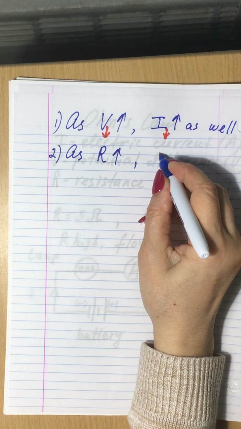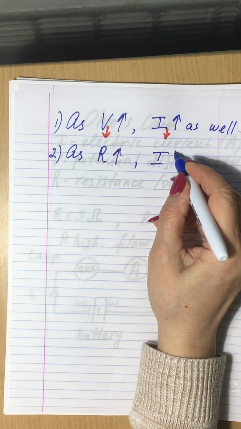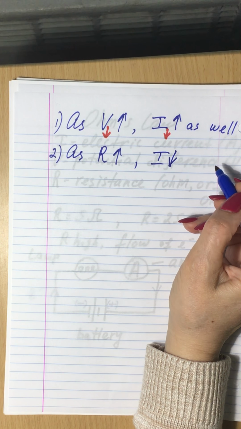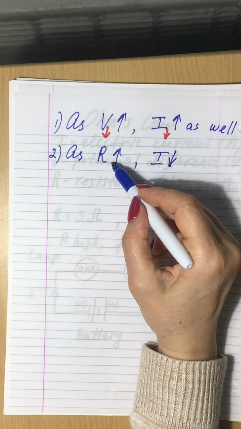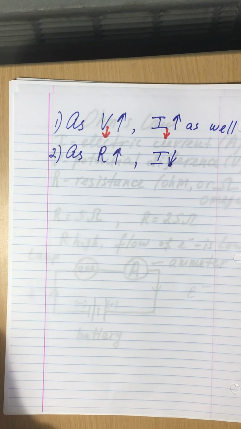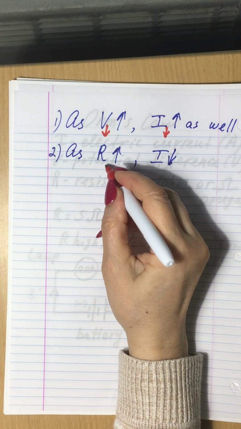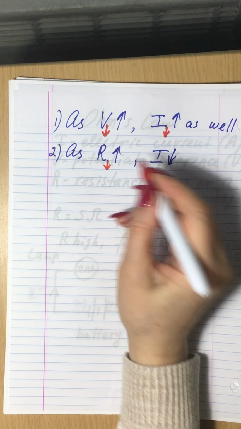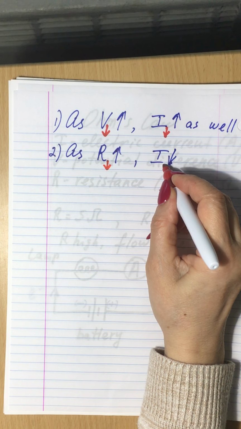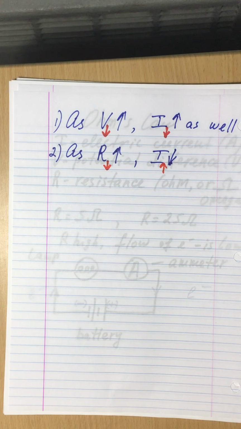So obviously, if it's more difficult for electrons to flow, electrical current will decrease. Okay? So what do you call that relationship? When one quantity increases, the other drops, it's called inversely proportional. And in opposite, if you decrease resistance, it's much easier for electrons to flow now, and current will increase.